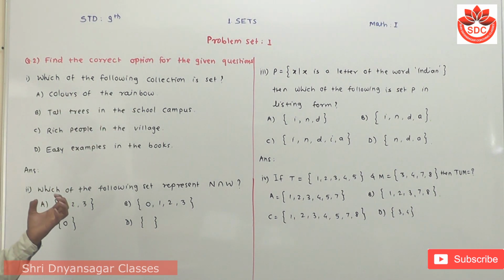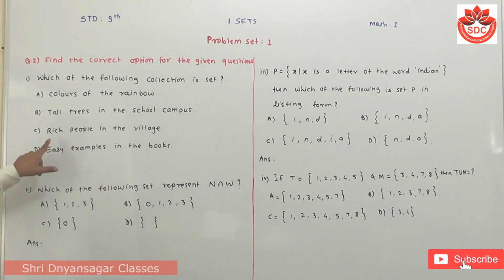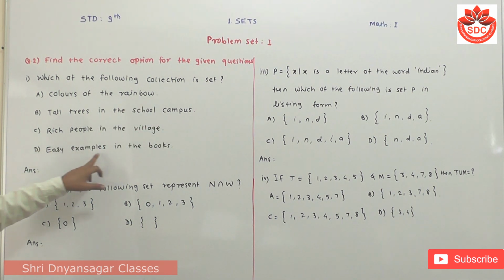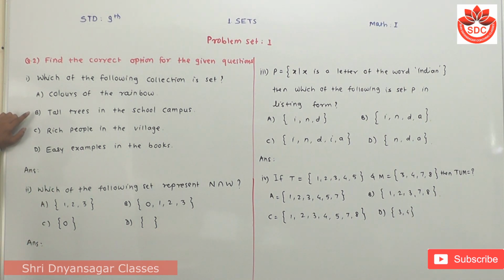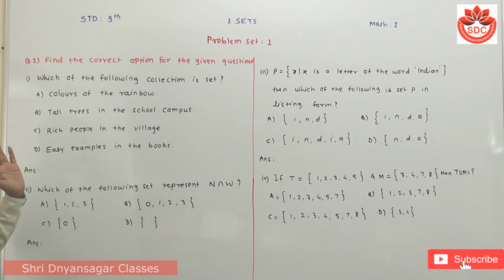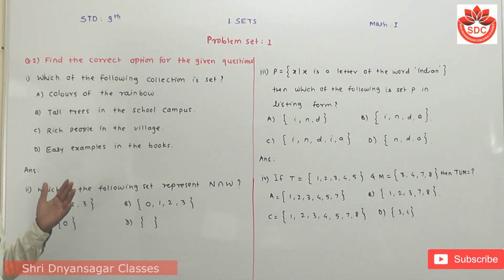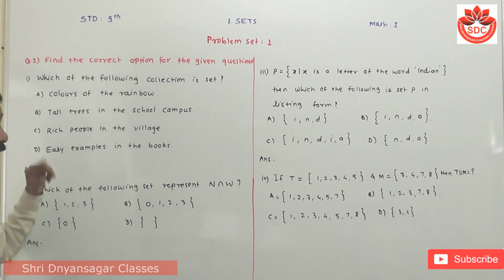आपल्याला rainbow चे color माहिती आहे. Then tall trees in the school campus, rich people in the village. Easy examples in the books. Now students, आता इथे बघा, जर आपण विचार केला तर tall trees आपल्याला स्कूल मधल्या झाडांची उंची आपल्याला मोजता येऊ शकणार नाही. Then rich people, कोण किती श्रीमंत आहे आपल्या खेड्यामध्ये, आपल्या शहरामध्ये असेल, खेड्यात असेल, हे आपल्याला सांगता येणार नाही.